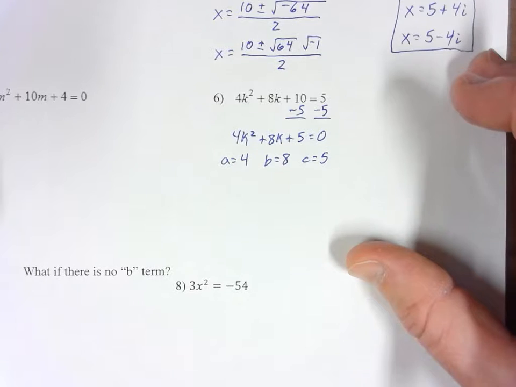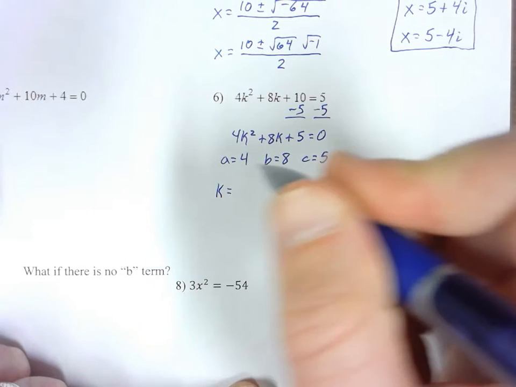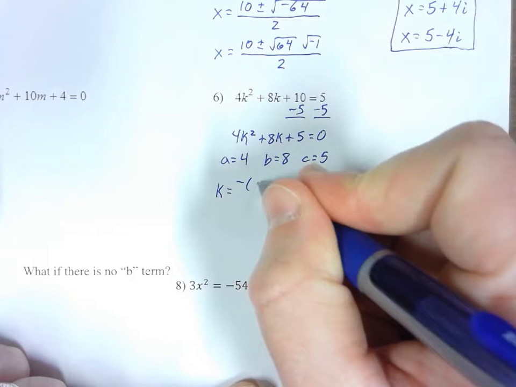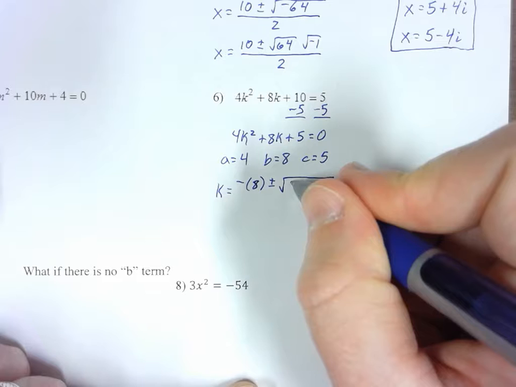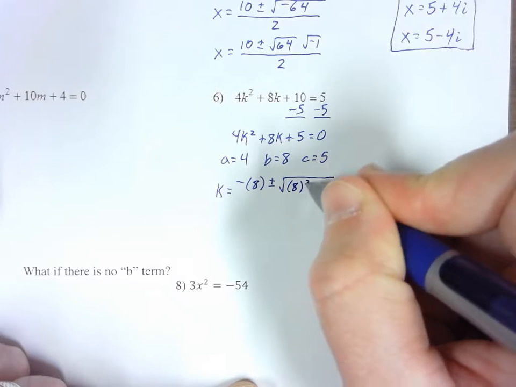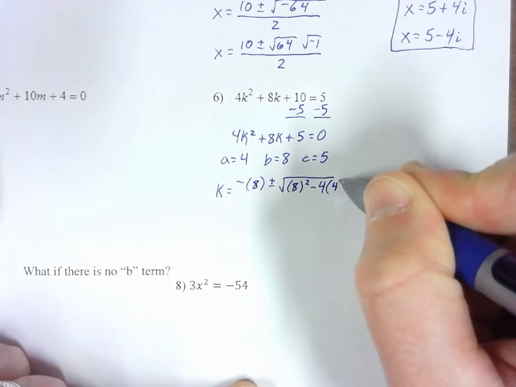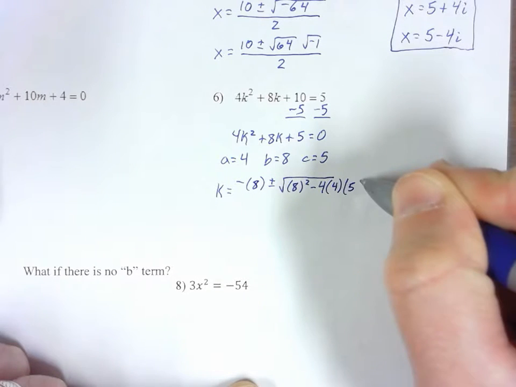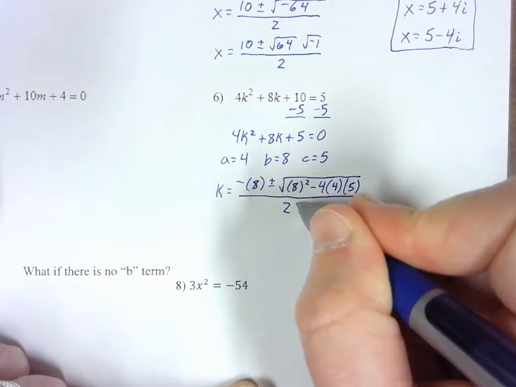Right, so I end up with k equals the opposite of the b value plus or minus square root b squared minus 4 times a, which is 4, times c, which is 5, all over 2 times the a value, which is 4.